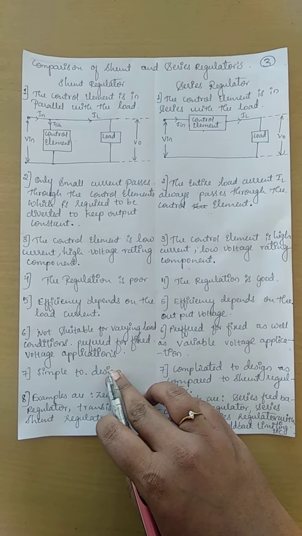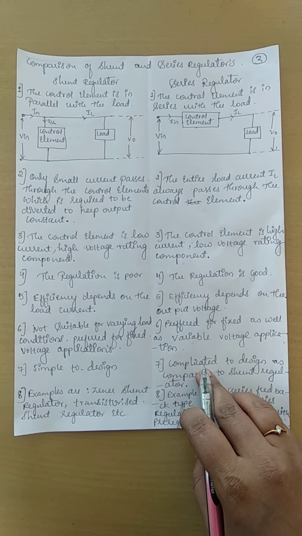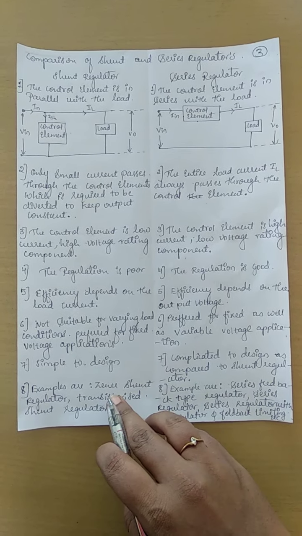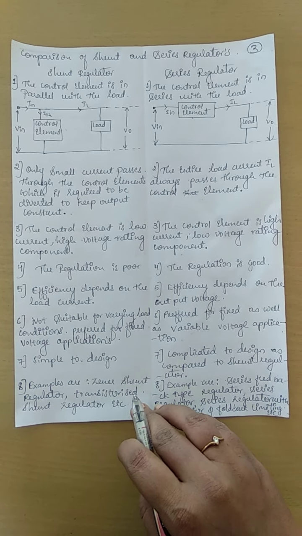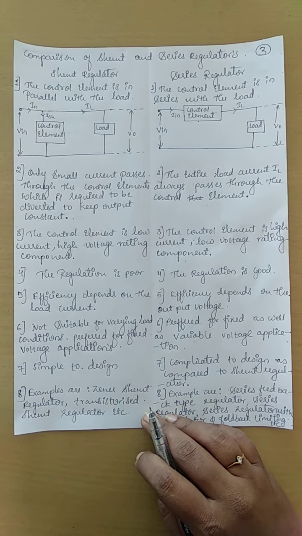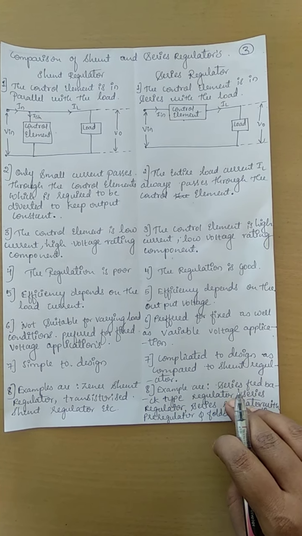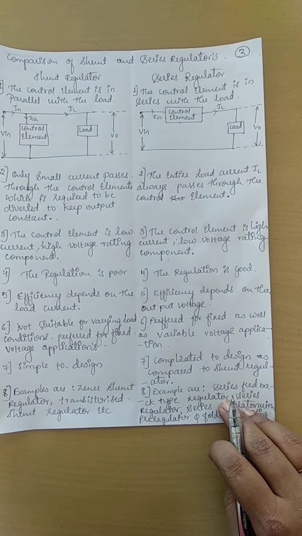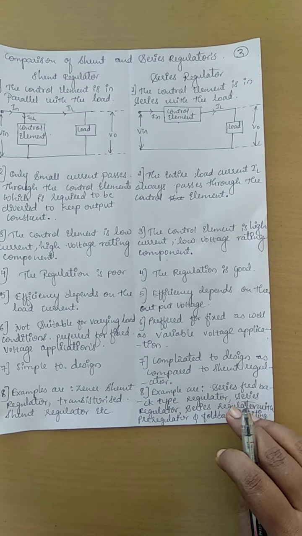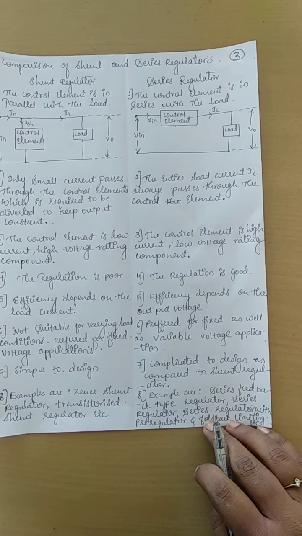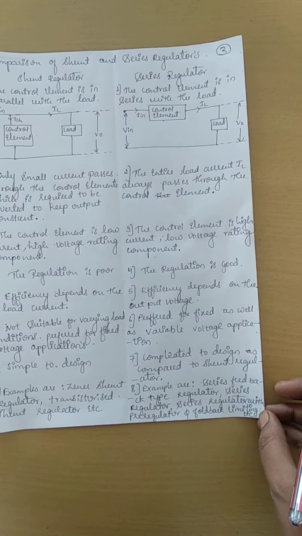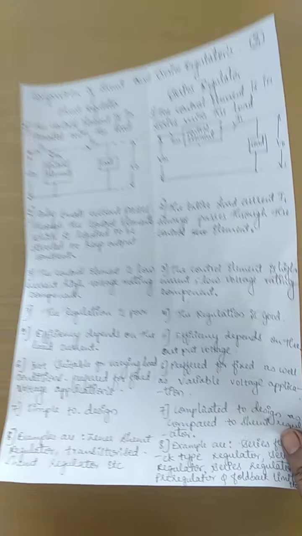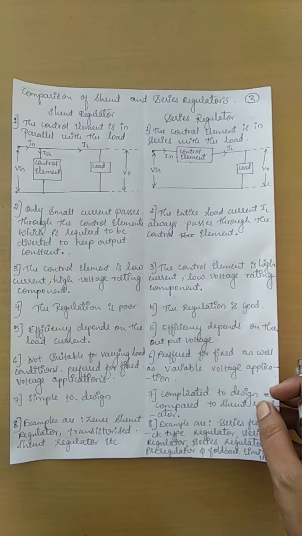The shunt regulator is simple in design, and the series regulator is complicated in design. Examples of shunt regulators are Zener shunt regulators and transistorized shunt regulators. Examples of series regulators are series feedback type regulators, series regulators with pre-regulators, and foldback limiting. So this is the comparison of shunt and series regulators.